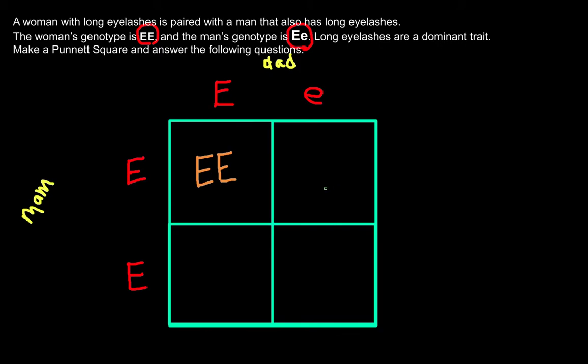When we go here, we look to the left and we have a capital E. And when we look up, we have, in this case, a lowercase e. In this right here, we have a capital E on the left side and a capital E on the upper side. Finally, we look here, we look to the left, we have the capital E, and we have the lowercase e. We are done with the Punnett square.